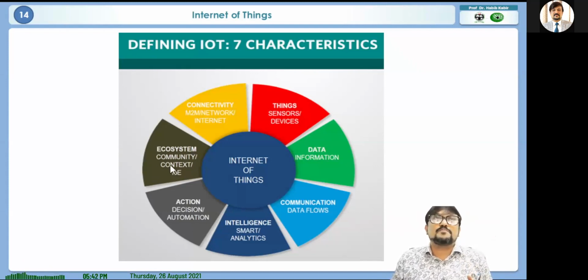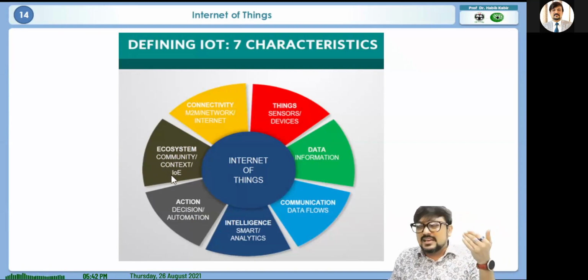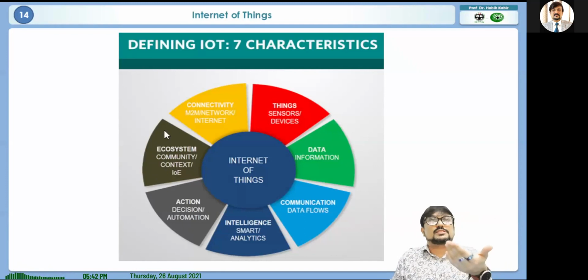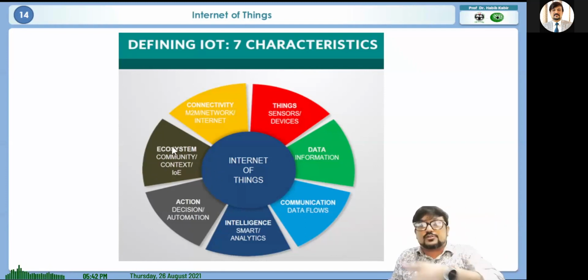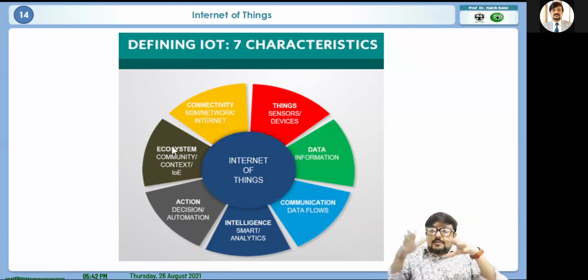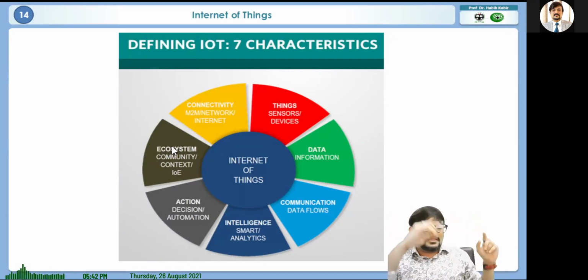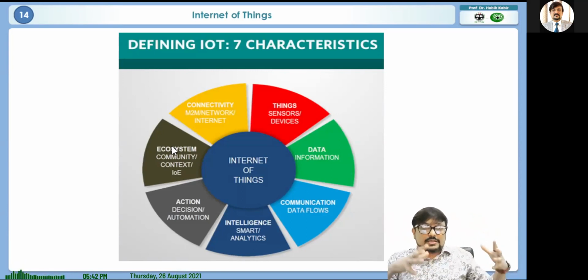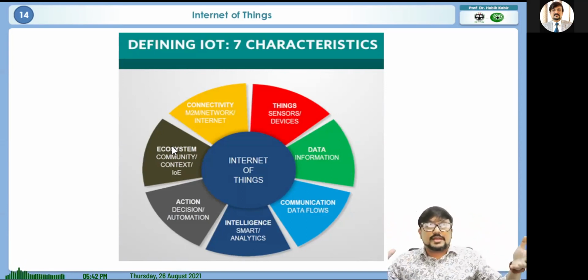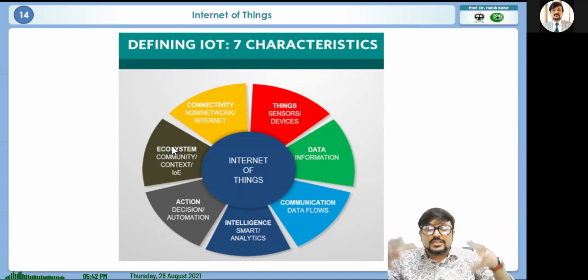Then the ecosystem means community or context, or IoE. I put this one as Internet of Energy. Last class we know this thing, okay? So we have to know the ecosystem. For my body, my network is there. If you think about any automatic things inside an aeroplane, then the ecosystem is within the aeroplane.